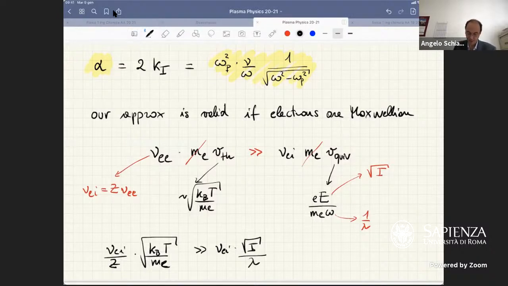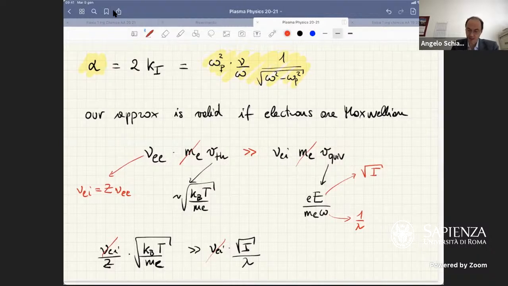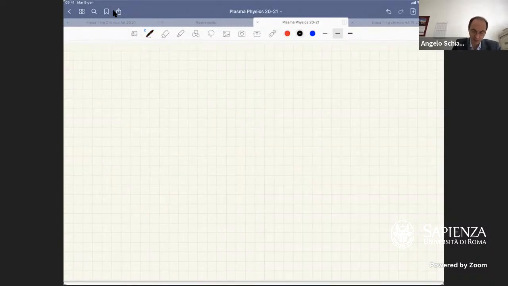So we can cancel out these terms here and retain only the trends. So let's take the square of this relation, and we get I divided by lambda squared.